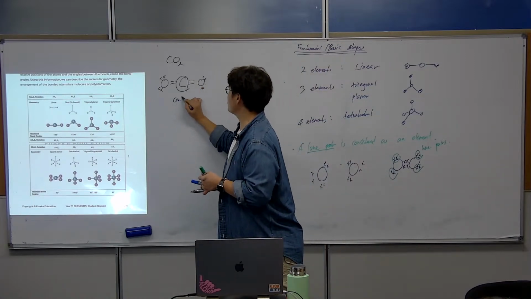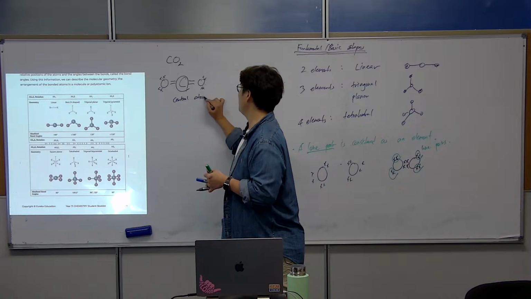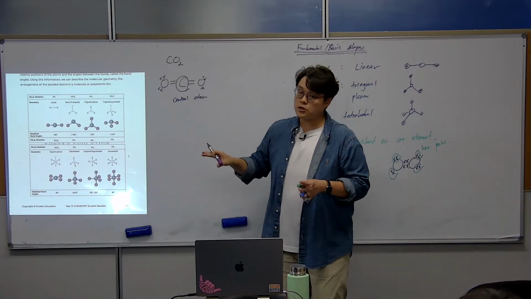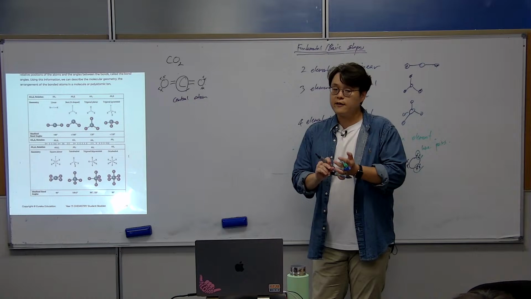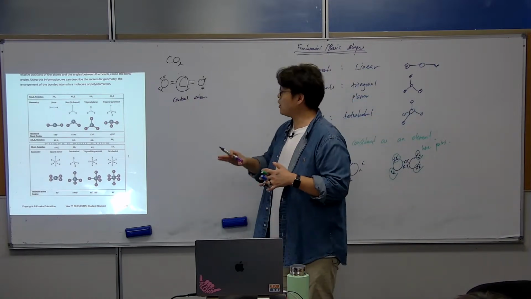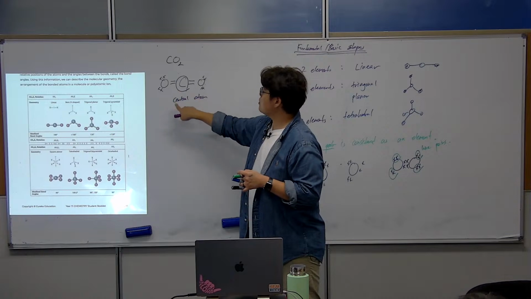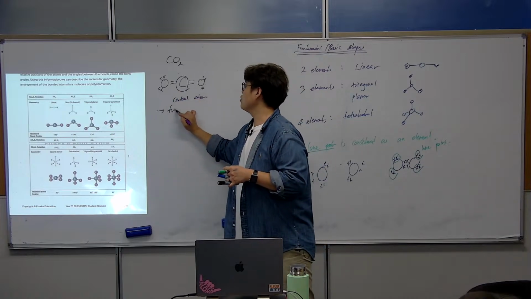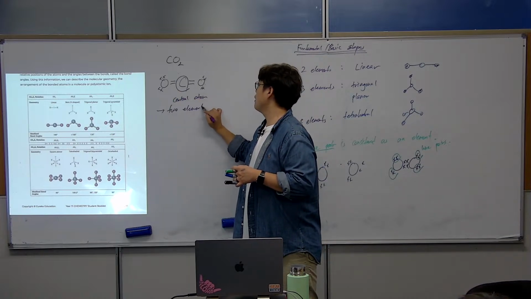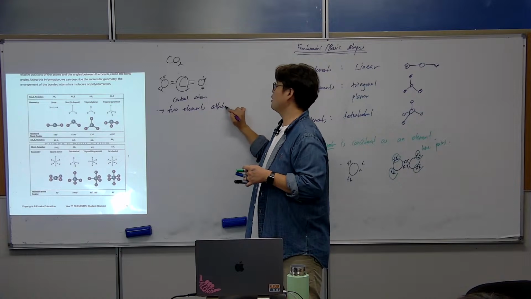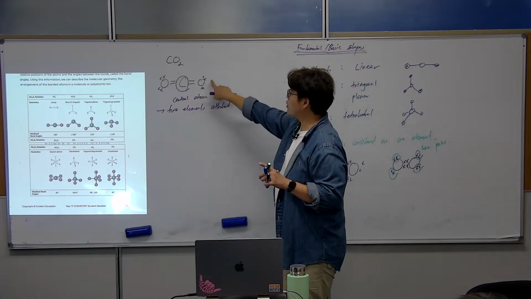Now what we need to see is the central one. This is called the central atom. The central atom does not have any lone pairs. We only say the central atom has 2 elements attached. I don't care about what lone pairs the outer atoms have.